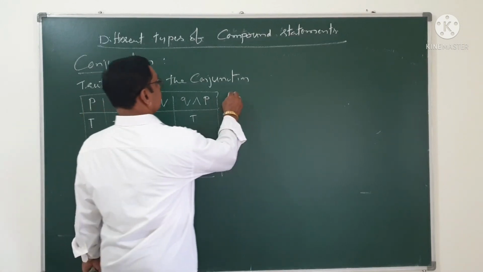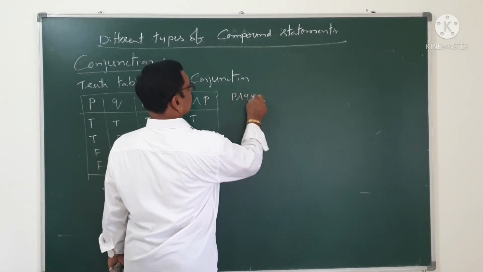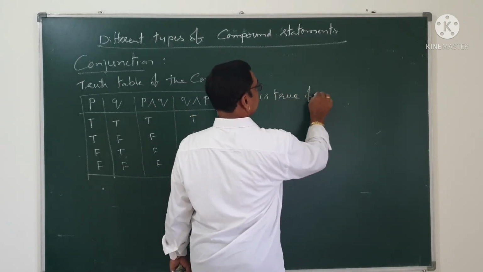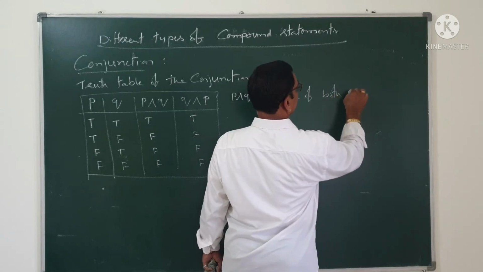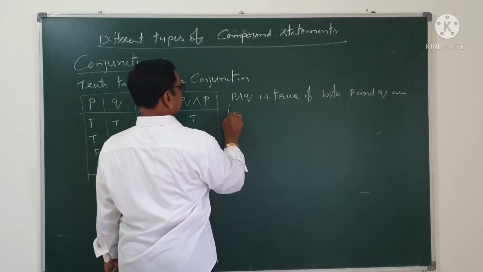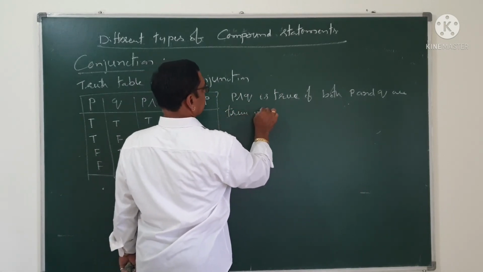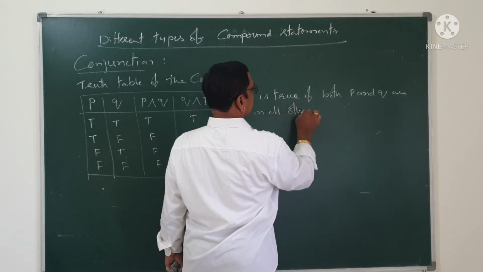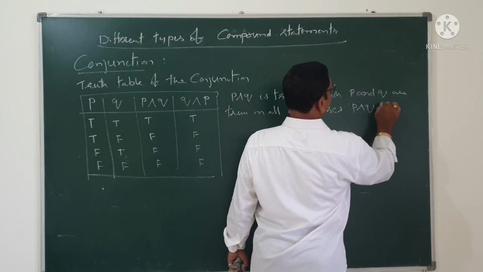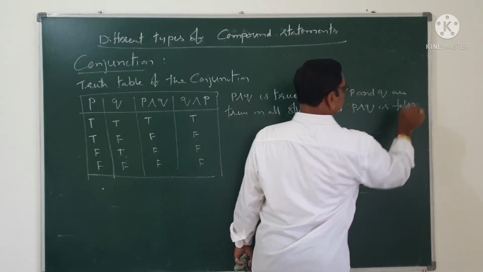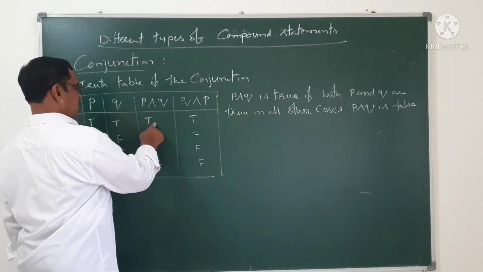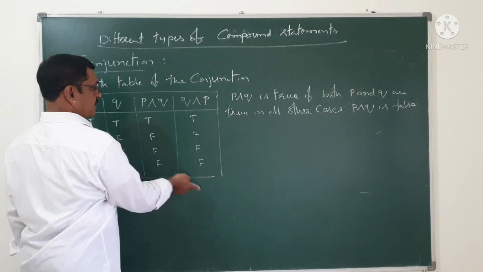So here P and Q is true if both P and Q are true. In all other cases, P and Q is false. In the same way here also, P and Q, Q and P, if you observe, their truth values are the same.